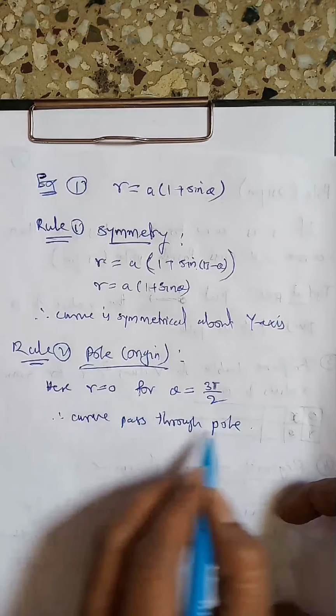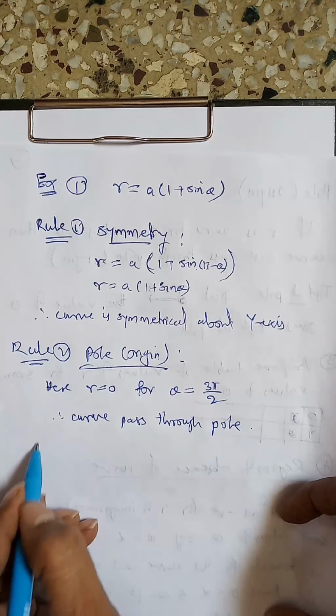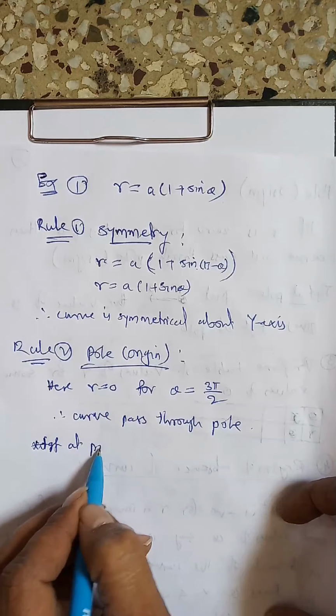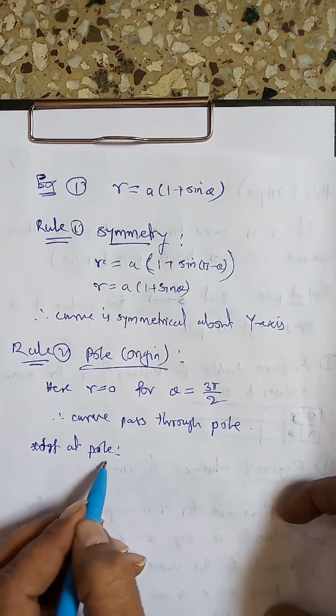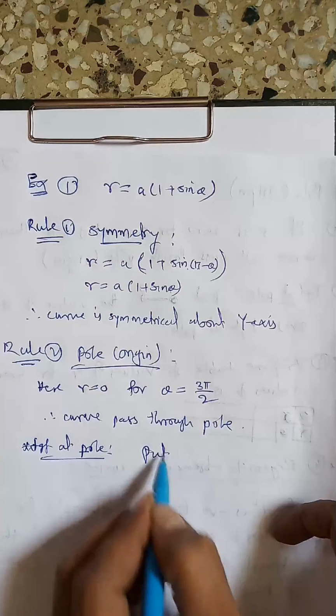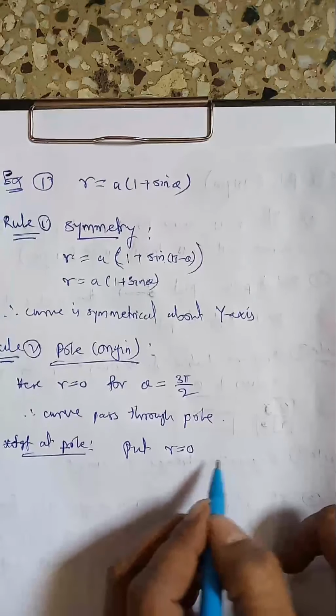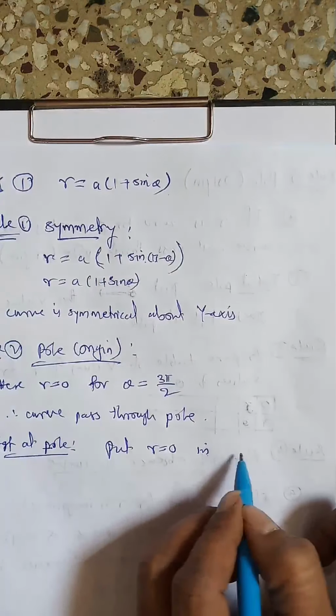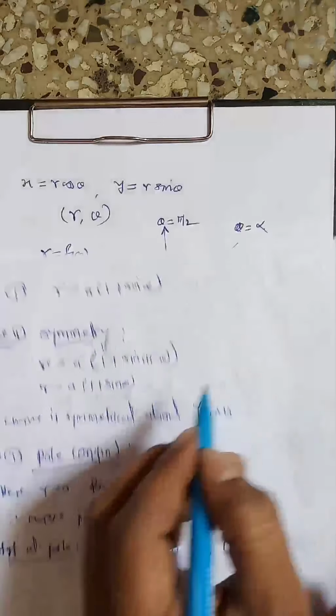Now since the curve is passing through the pole, we'll find the tangent at the pole. To get the tangent at the pole, put r equals 0 in the equation of the curve.